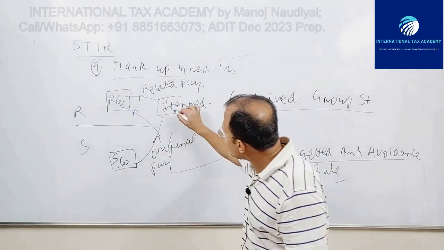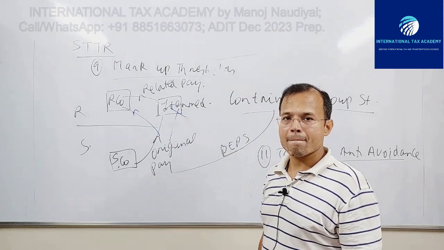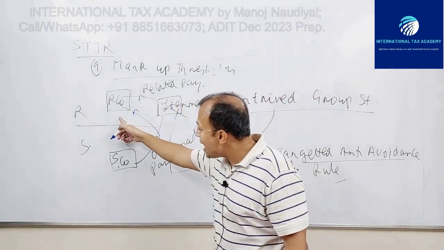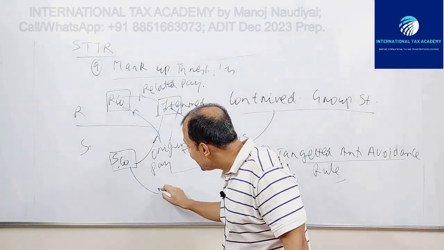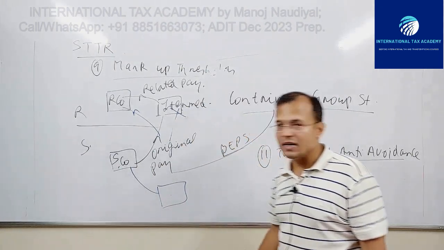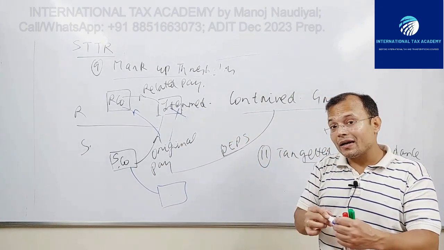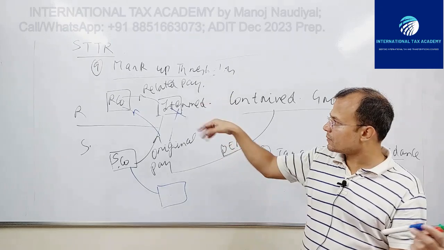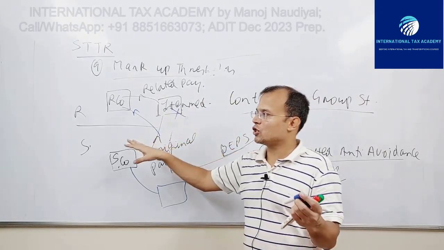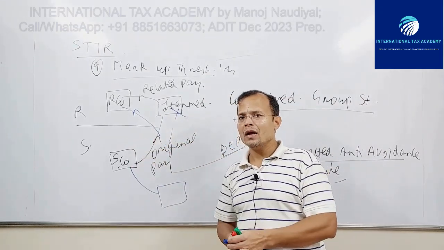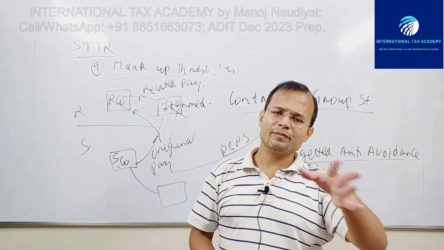So this can be disregarded. This intermediary can be in R, this intermediary can even be in S. Very interesting. The document contains certain examples which demonstrate the application of this anti-avoidance rule. These examples are given towards the end of the document.